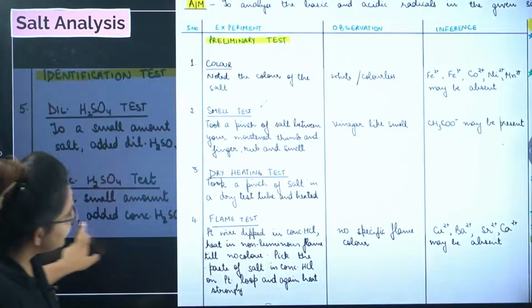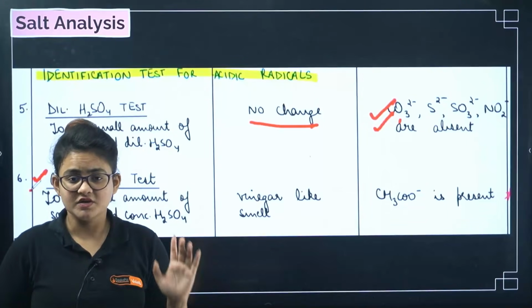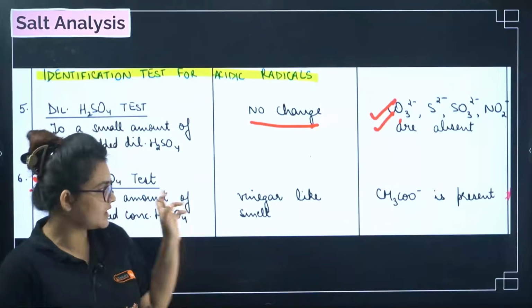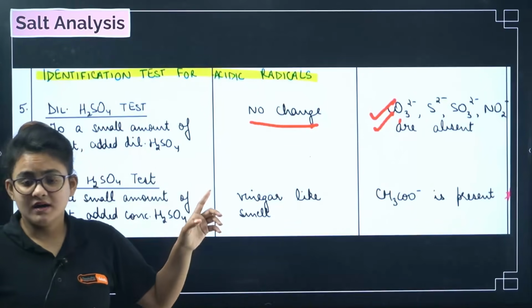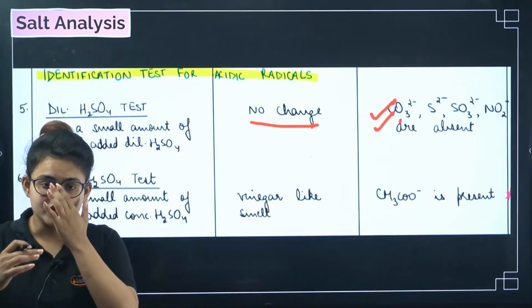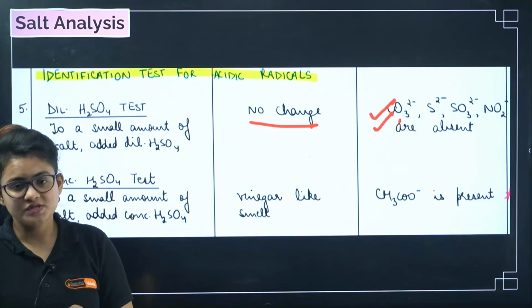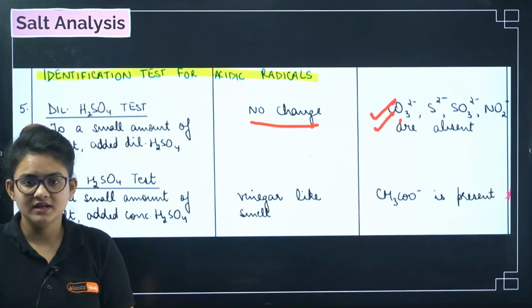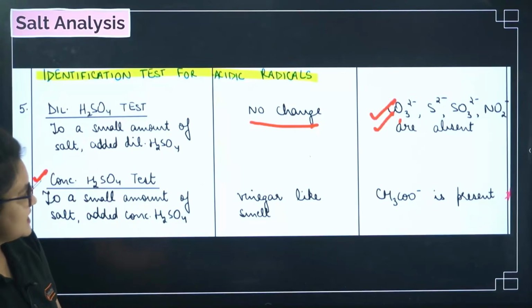Let's proceed. After the preliminary test you have to proceed with the identification. Once you get the preliminary idea, then you have to proceed with the actual identification of the radicals. First we will proceed with the anions, means acid radical. Here you can see this is for the acetate anion test.